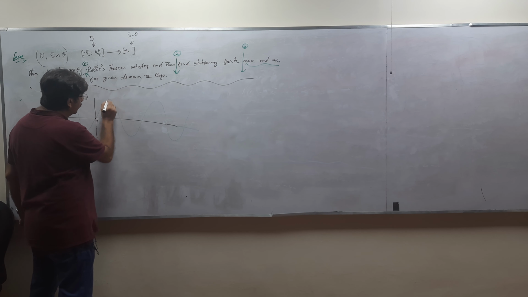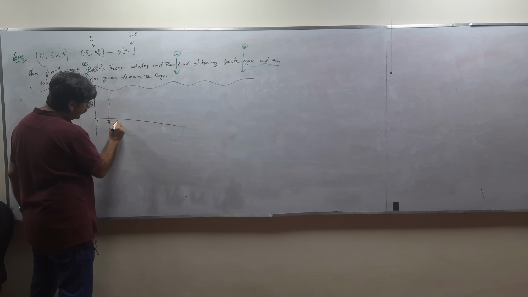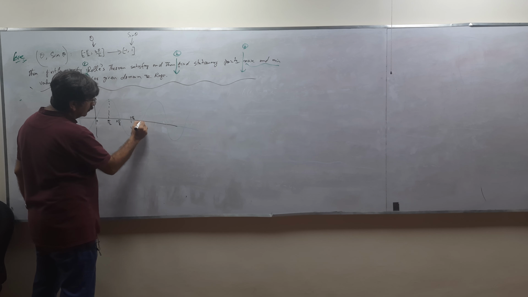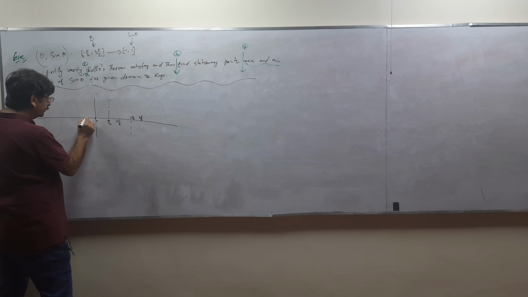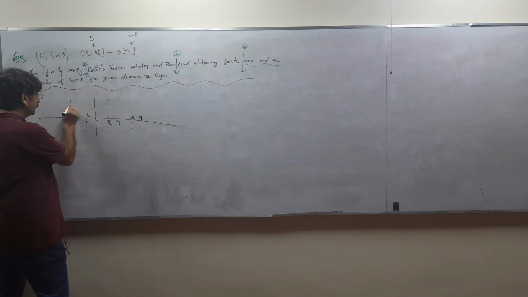Here is 0, here is pi by 2, 2 pi by 2, 3 pi by 2, 4 pi by 2. This side is minus pi by 2, minus 2 pi by 2, minus 3 pi by 2, minus 4 pi by 2, and so on.